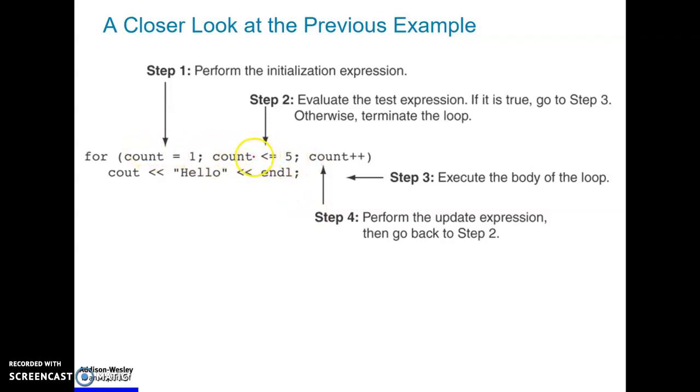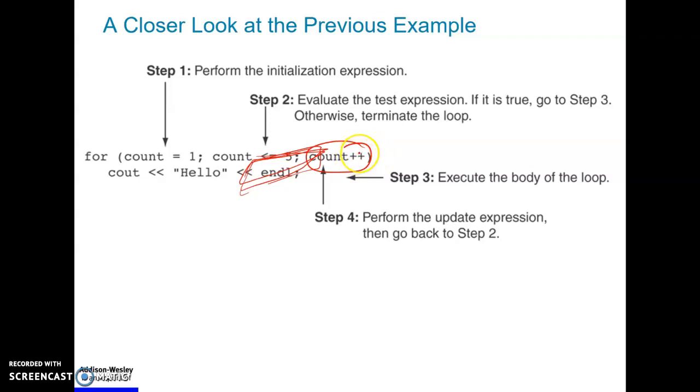So after the initialization, it will constantly run this path, making sure as long as it's true, it's going to update and it's going to perform the body of the loop. Now, what I want you to understand about this update, this incrementer, here they're incrementing by 1.